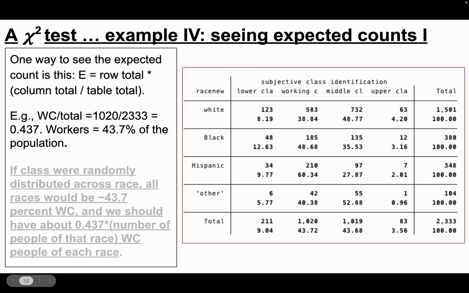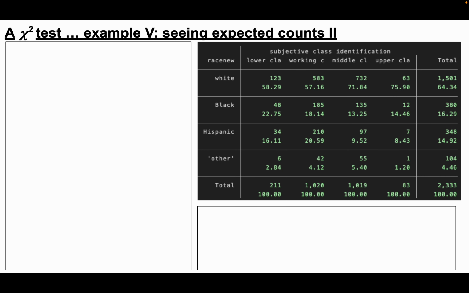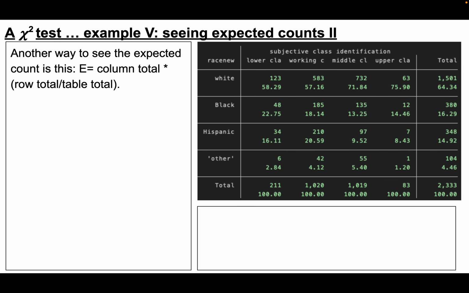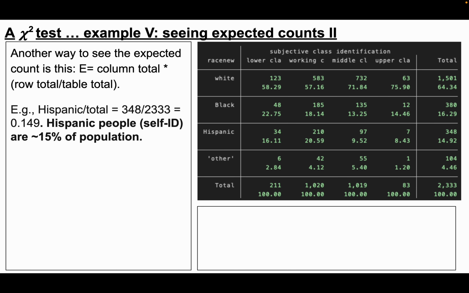We could go the other way too. Oh, sorry about the animation there. We could do it with column total as the raw number, and row total as the thing that we're normalizing by. So what if we found the total number of Hispanic people as a share of the population, to be more exact. Here that's 348 divided by 2,333, and we get 0.149.